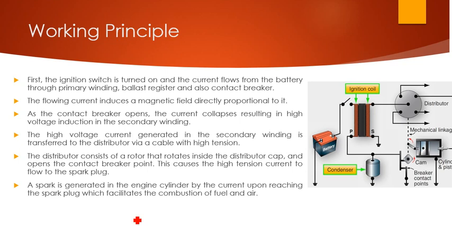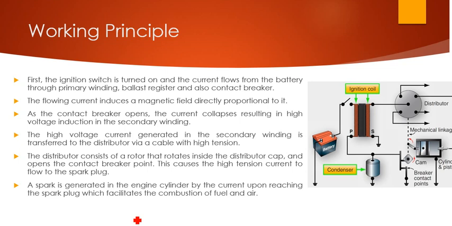So here we have a battery. When the ignition switch is on, the current flows from the battery through the primary winding of the ignition coil. It will pass through the primary winding and the ballast resistor, and also to the contact breaker. The current flowing induces a magnetic field which is directly proportional to it.